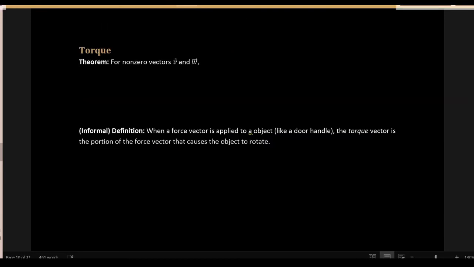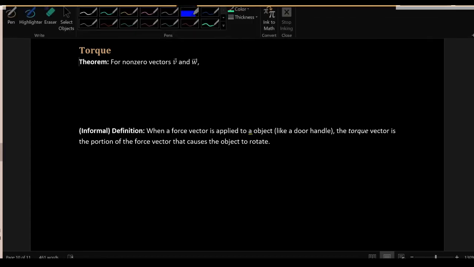Just like the dot product had a relationship to the angle between the two vectors, the cross product is also related to the angle between the two vectors, which I'm still going to go ahead and call theta.